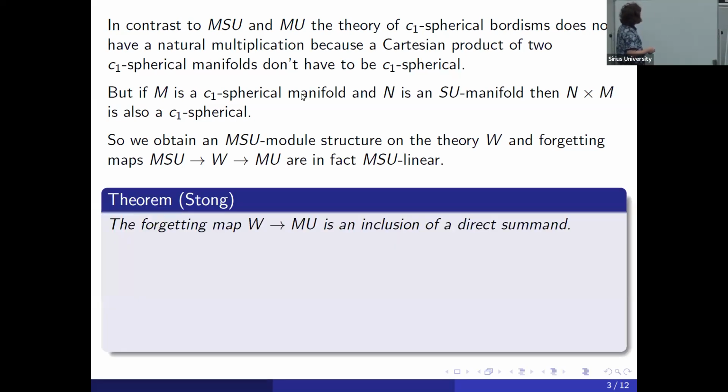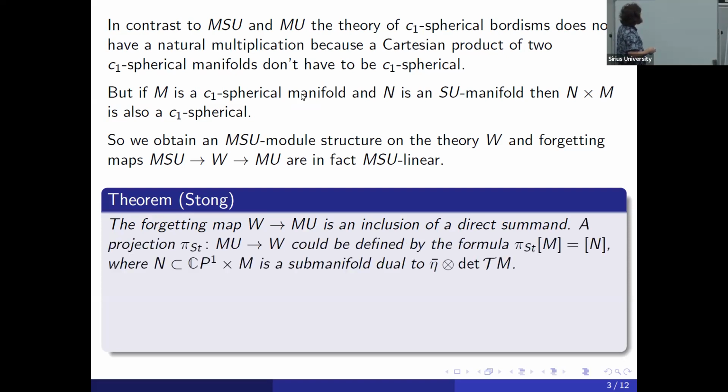And we have the following theorem: the forgetting map is in fact an inclusion of a direct summand, and a projection can be defined by the following formula. The projection of the complex manifold M is the submanifold N in the direct product of CP1 and M, dual to the line bundle which is the tensor product of the tautological bundle and the determinant.